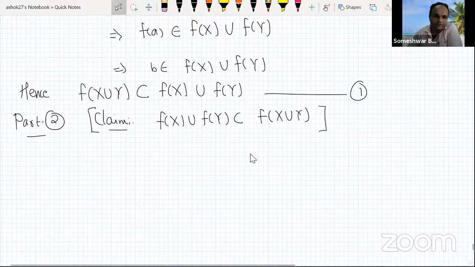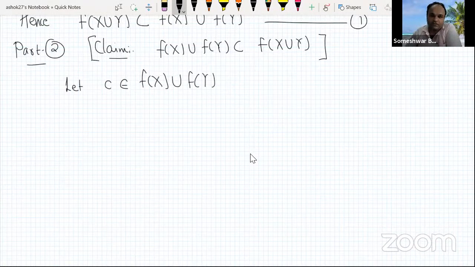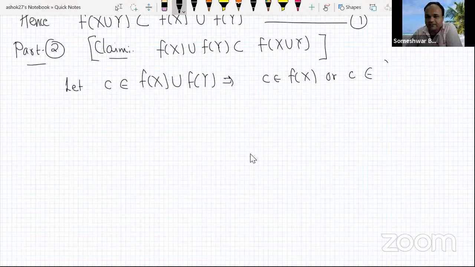So let's suppose small c is an element of f of x union f of y. It will imply small c is an element of f of x, or small c is an element of f of y.